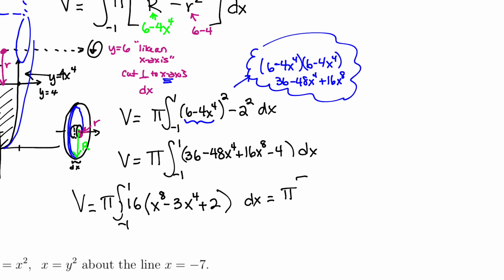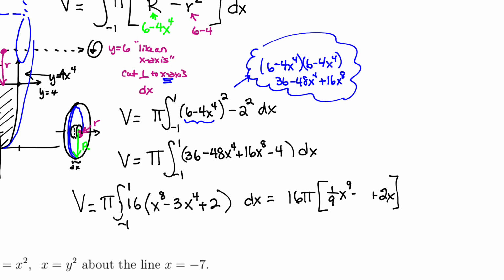All right, Tina, here you go. Antiderivative. The antiderivative is going to be 16, and let's just put it out with the pi. I really do always work in pencil. 1/9 x to the 9th minus x to the 4th plus 2x. Nope. Try that again. Fix that in the middle.